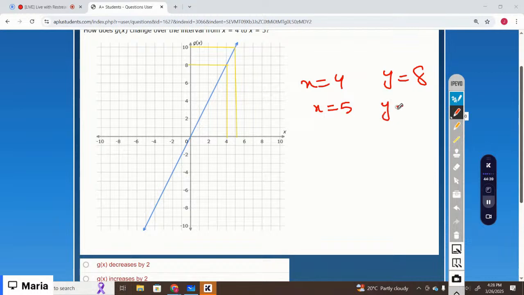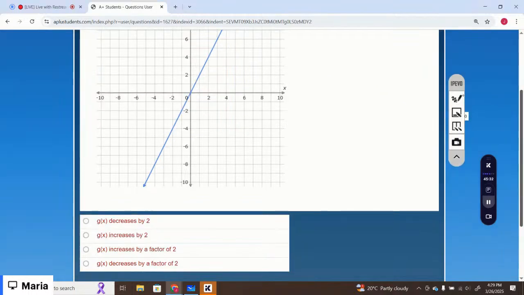When x equals 5, y equals 10. So the correct option is, okay, let's just see the options, then we'll decide.